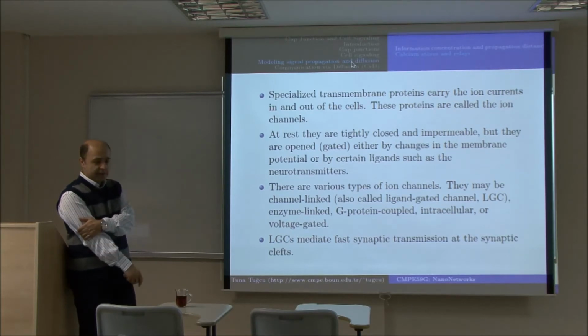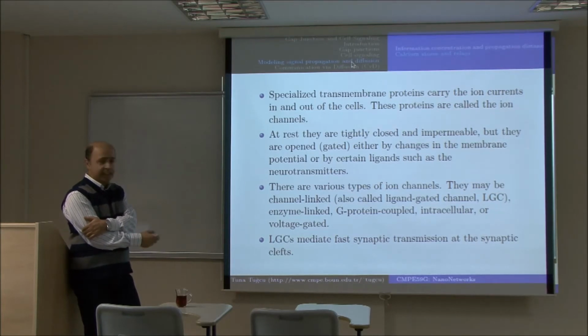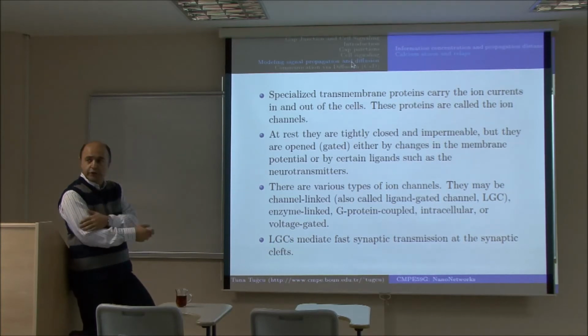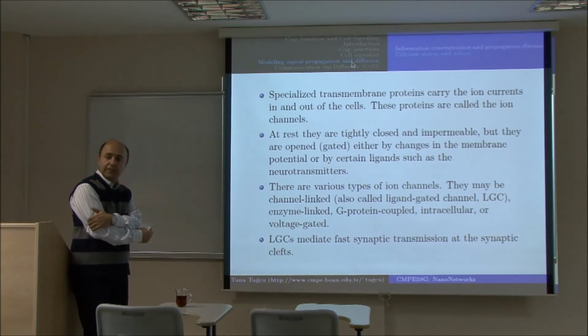The specialized transmembrane proteins typically carry the ion currents in and out of the cell. So these proteins are serving as the ion channels. At rest, these channels are typically closed and impermeable, which means they will not let the calcium ions leak through.